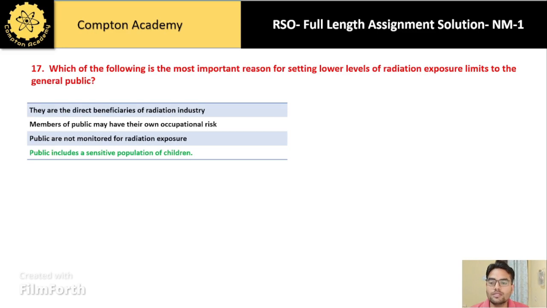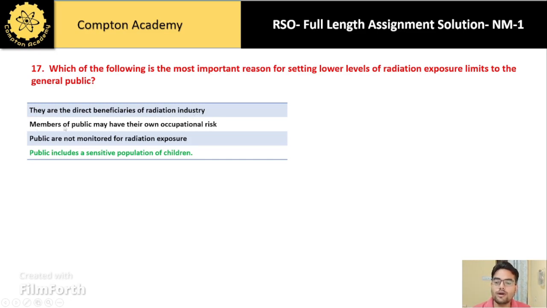Now question number 17: which of the following is the most important reason for setting a lower radiation exposure limit for the general public? Here statements have been provided. The first statement, that they are direct beneficiaries of the radiation industry, is not a correct option.